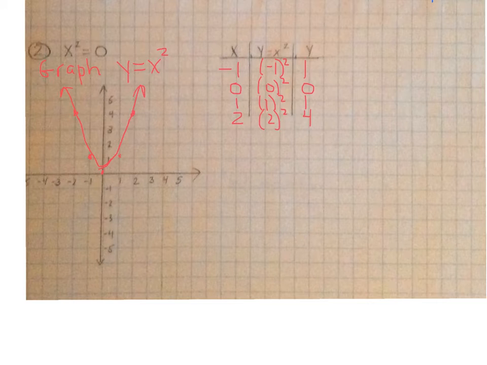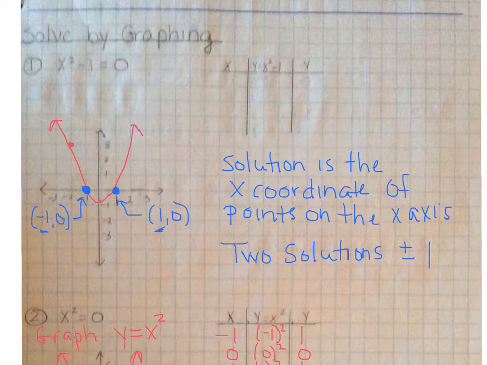This time when I look for the solution, the only point on the x-axis is the vertex. So this only has one solution, which is 0. Now looking back at the previous problem, just to review here, it had two solutions.